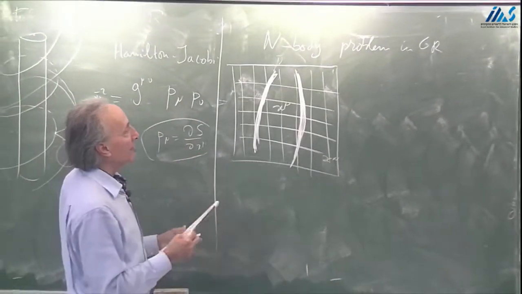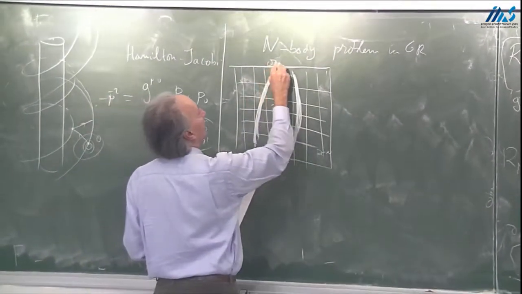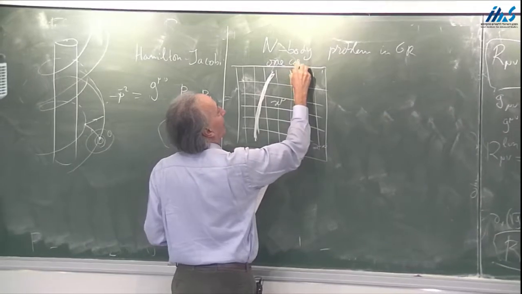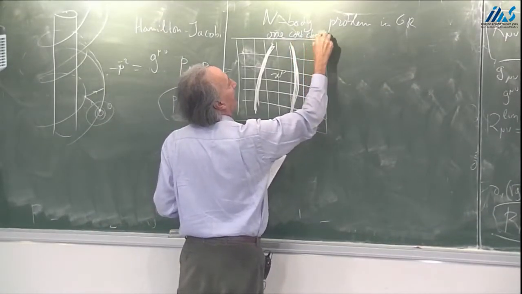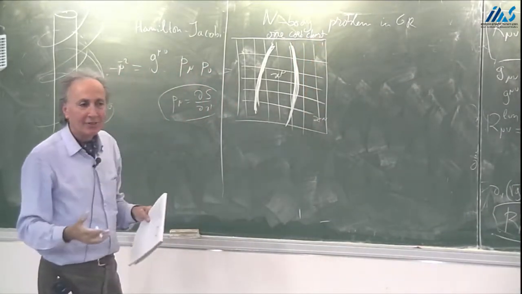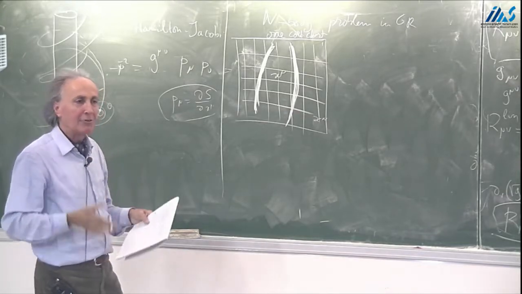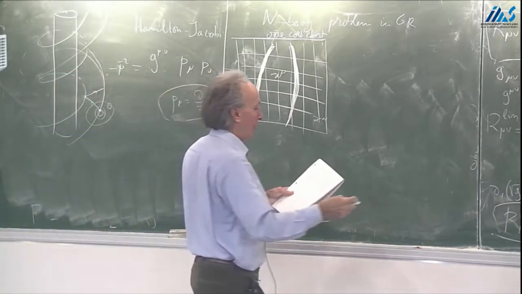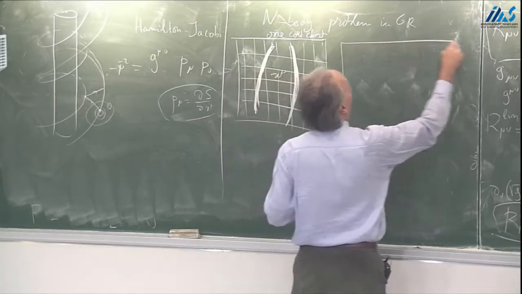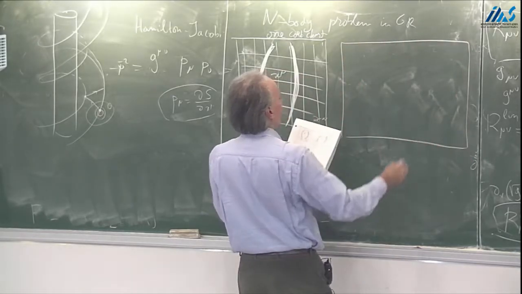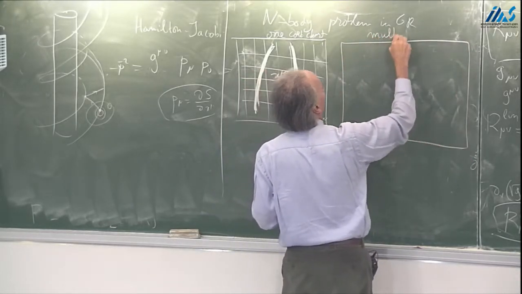So for some reasons, this old approach where you use only one coordinate system or one coordinate chart is better replaced by a different approach to the n-body problem, which is the following. This is a multi-chart approach.